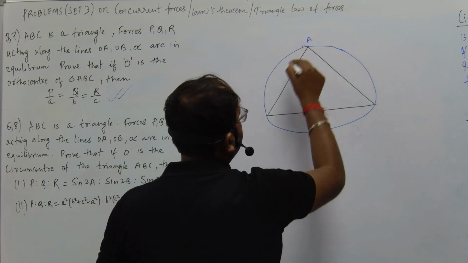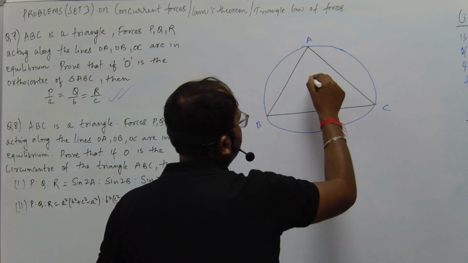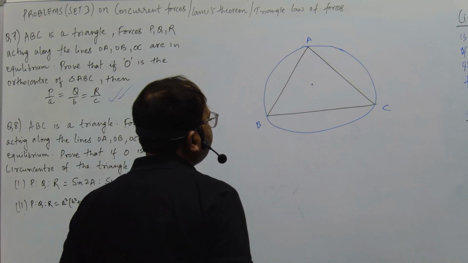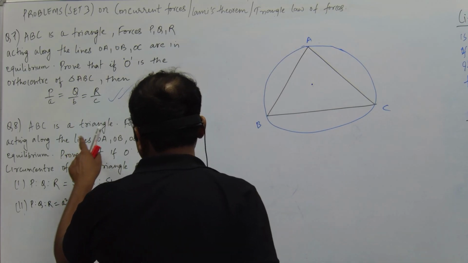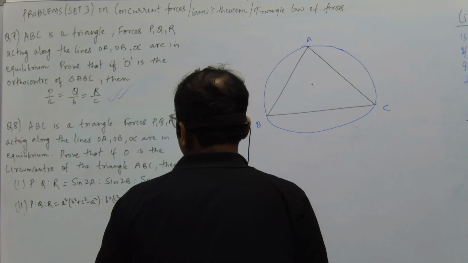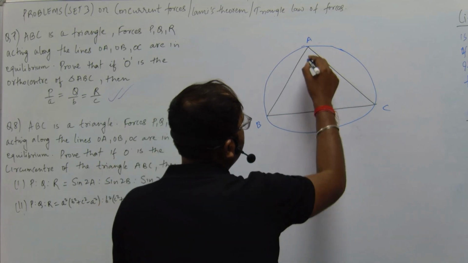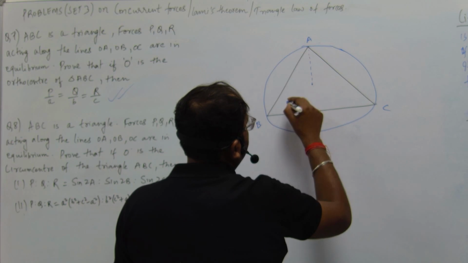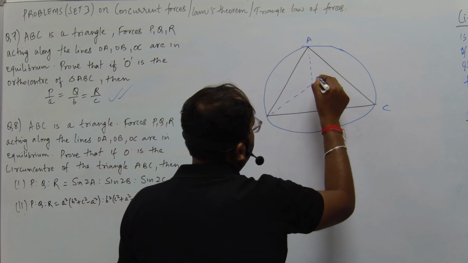This is A, this is B, and this is C. Let us take the circumcenter as O. We have the forces P, Q, R acting along the lines OA, OB, and OC. So this is our OA, this is OB, and this is OC.